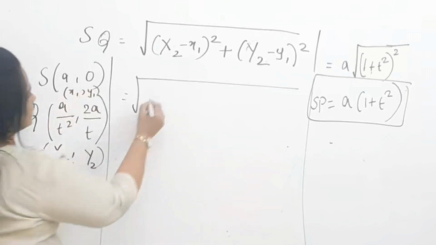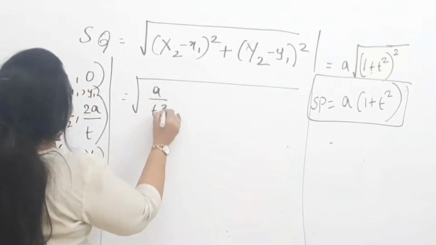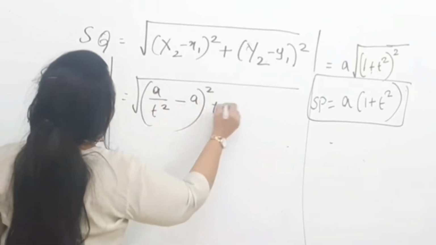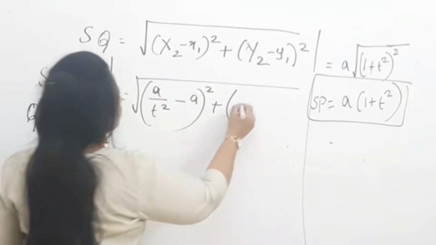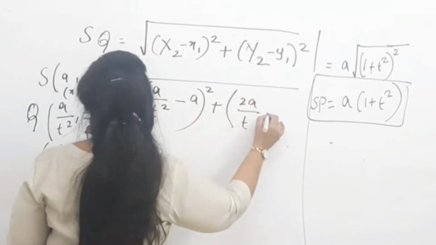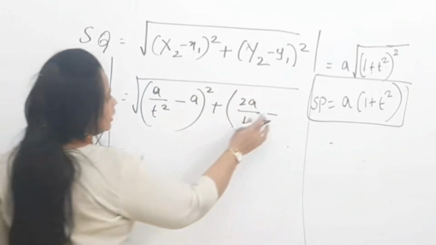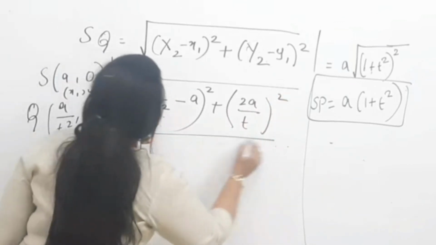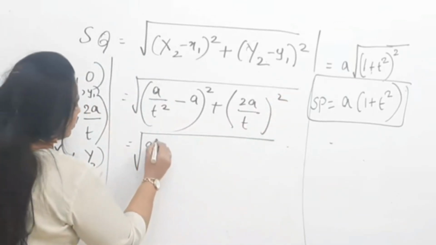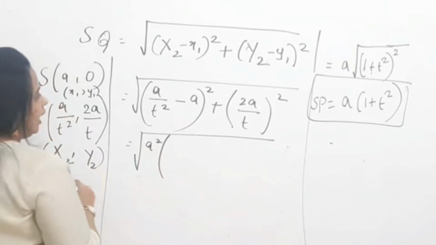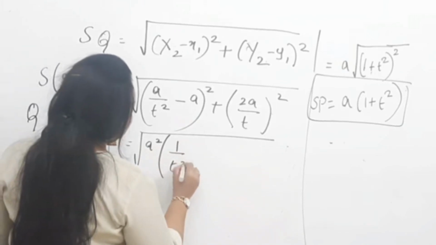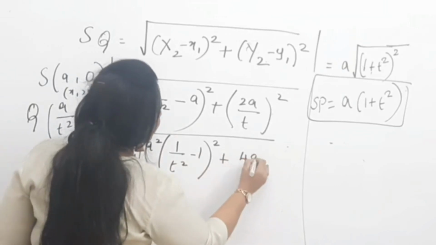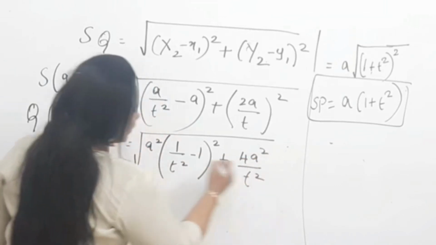So x2 is a by t squared minus x1 is a, the whole square, plus y2 is 2a by t minus 0, the whole square. That's equal to square root of, please take out the square of a and you will be left with 1 by t square minus 1 the whole square plus 4a square by t square.